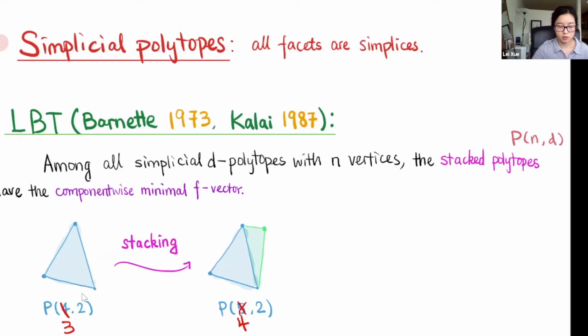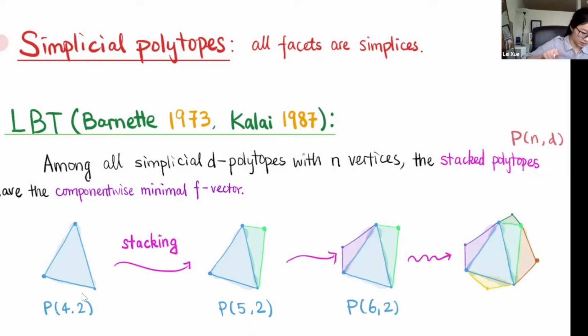This will result in a simplicial polytope with one more vertex. And you can keep doing that. This one has 5 vertices, and you can keep doing it, and all of these are stacked polytopes.